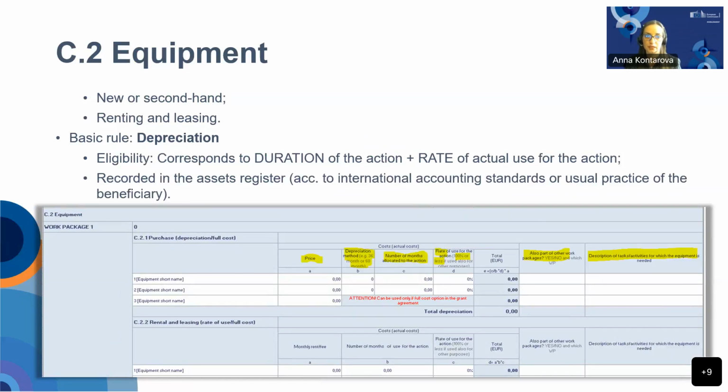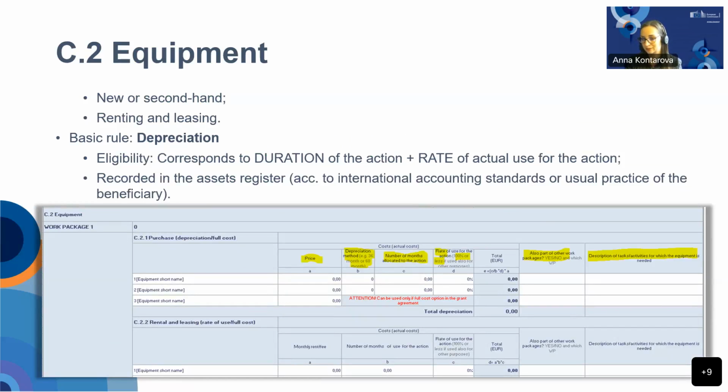The second subcategory under other direct cost is equipment, and more concretely, purchase of the equipment, infrastructure, or other assets. These must be declared as depreciation cost, calculated on the basis of actual cost incurred and written off in accordance with international accounting standards or the usual practice of the beneficiary.